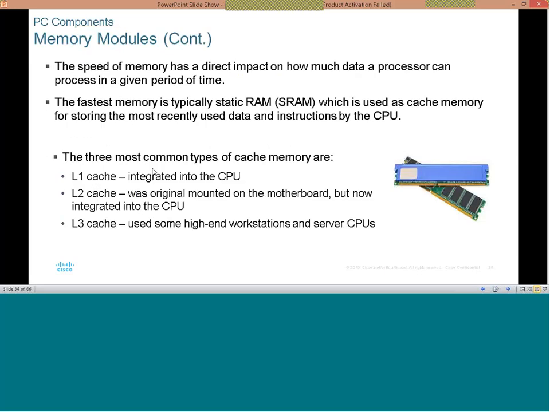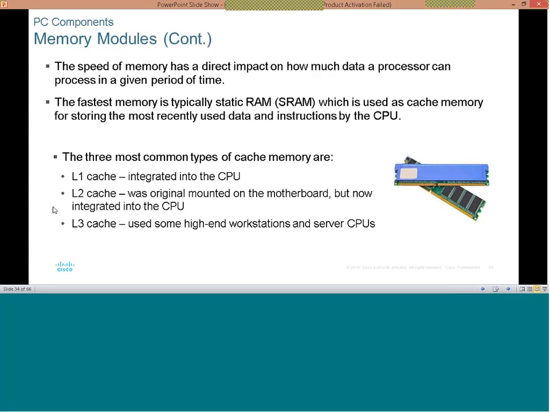So they come in different shapes inside. I was explaining the memory inside the CPU earlier, but here we're looking at memory modules. The three most common types of cache memory that exist: the L1 cache is integrated into the CPU. I explained earlier that the CPU has all of this memory, and the job is to fetch information from external memory and store it in L3. For instance, once what is in L1 is executed, whatever information is in L2 will be emptied into L1, and whatever is in L3 is emptied into L2.